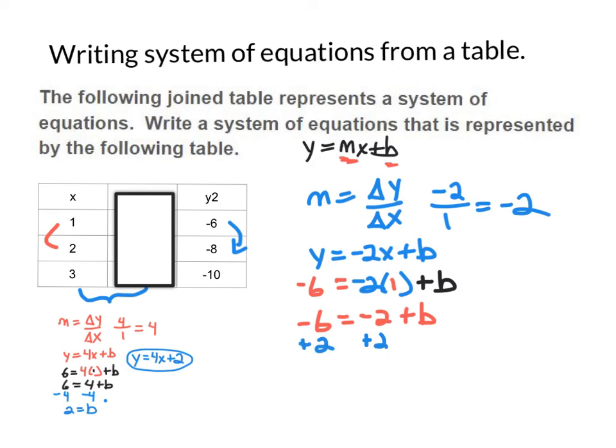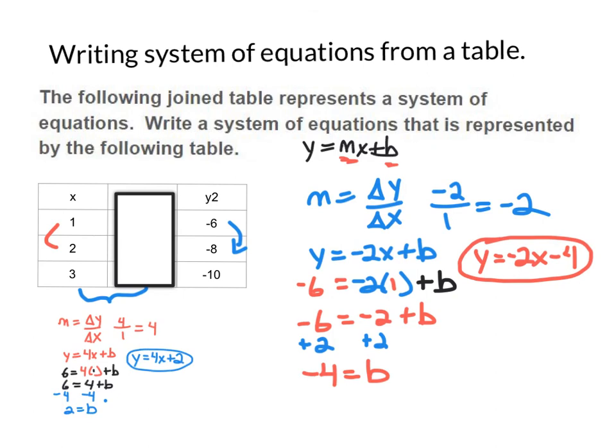When you do -6 plus 2, you get -4. So we know that b equals -4. Well, if that's the case, then we can write our equation as y equals -2x minus 4. And that is our second equation.